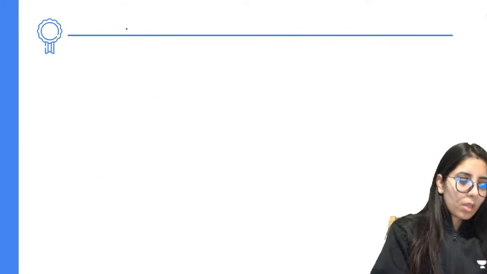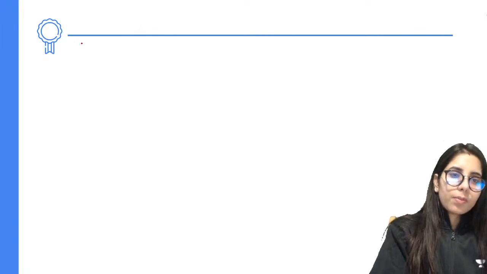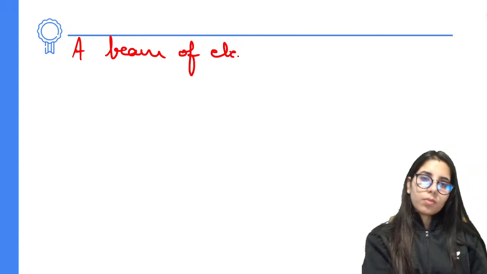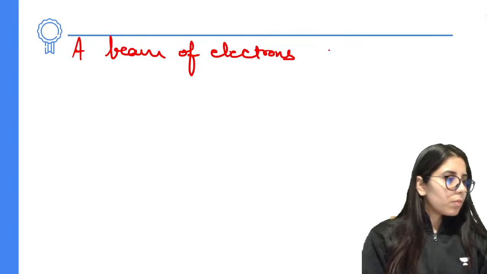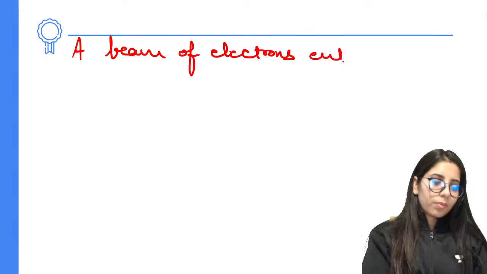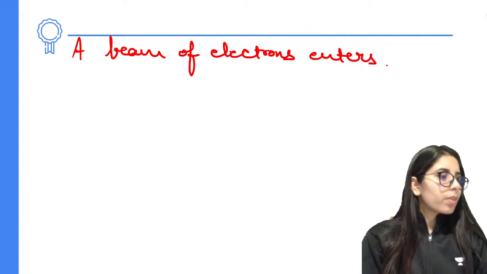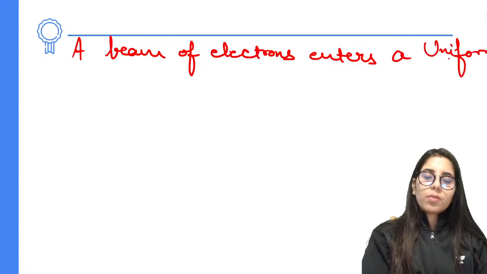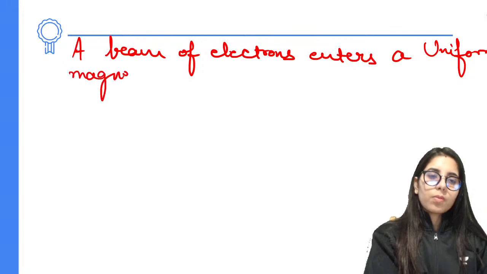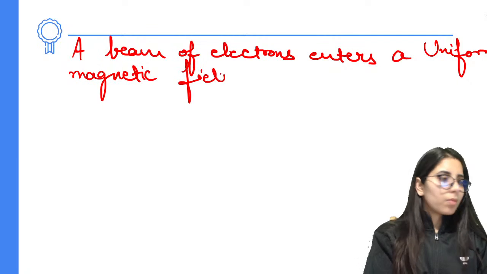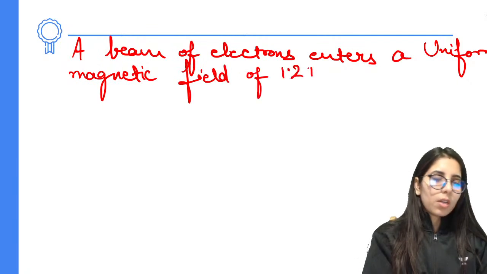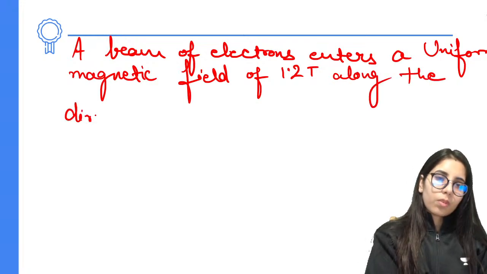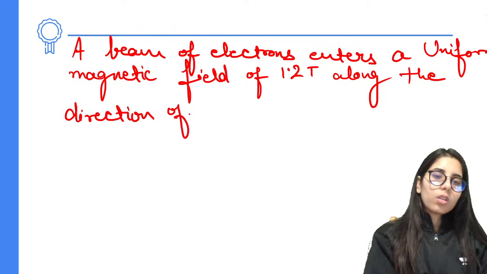Next is a beam of electrons enters a uniform magnetic field of 1.2 Tesla along the direction of the field.